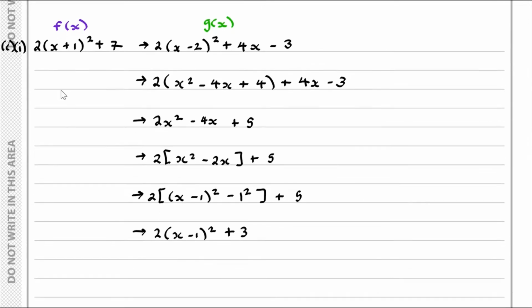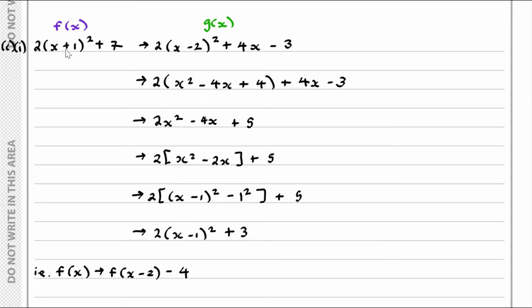So if we compare the 2 lots of (x + 1) all squared plus 7 with the 2 lots of (x - 1) all squared plus 3, you can hopefully see that in terms of the x, we've subtracted 2, and in terms of this 7 to the 3, we've subtracted 4. So we're going from f(x) to f(x - 2) - 4.